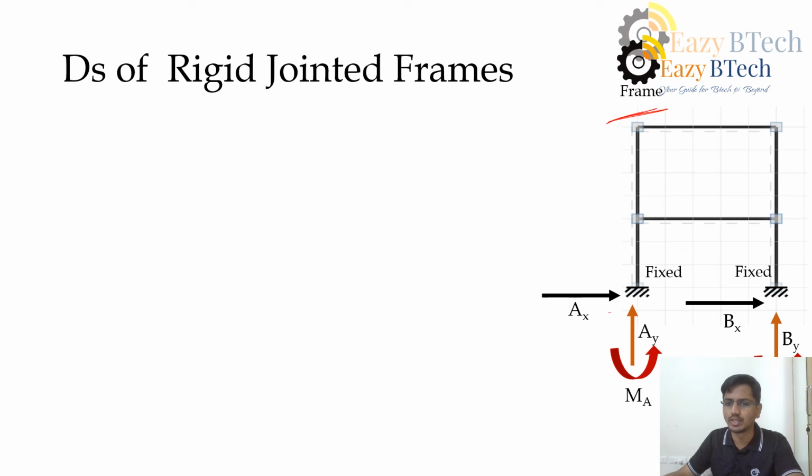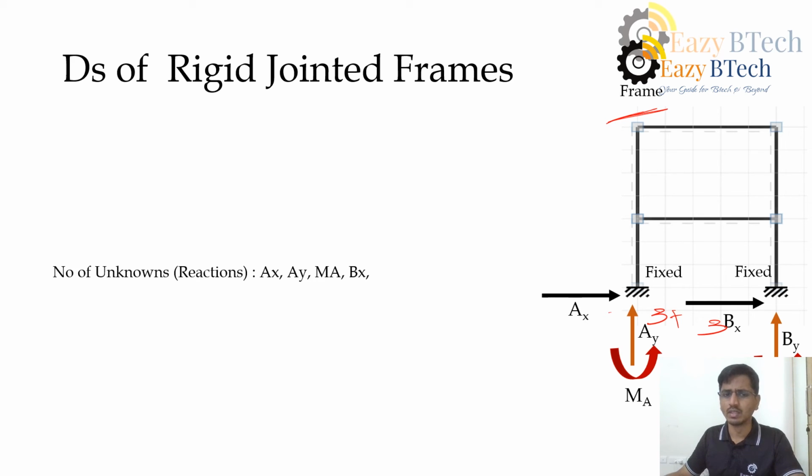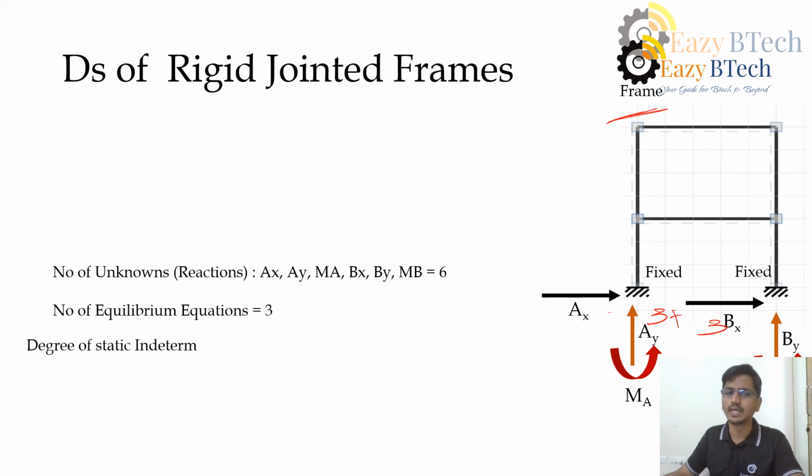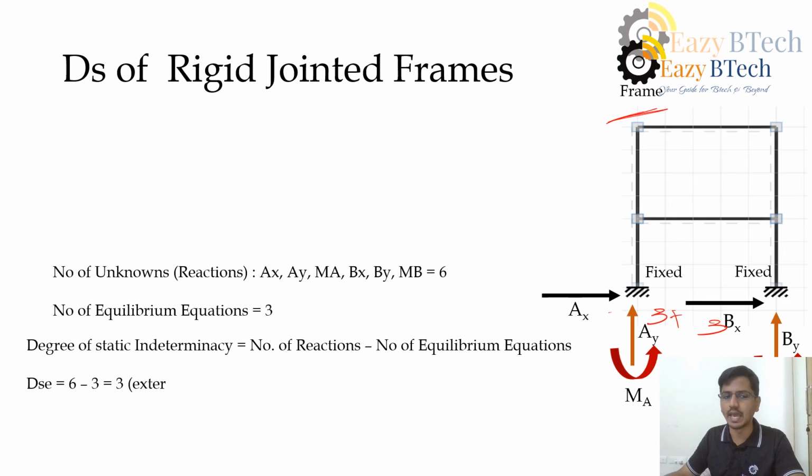We have three reactions here, so we'll apply the same formula: 6 minus 3, 3. So we'll get this degree of static indeterminacy. But this is external indeterminacy. Because of an additional member joined here, we'll have internal indeterminacy.